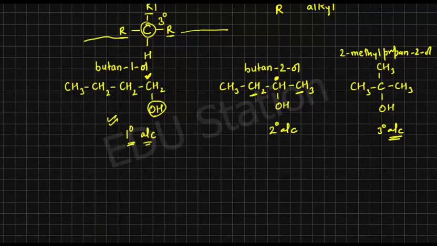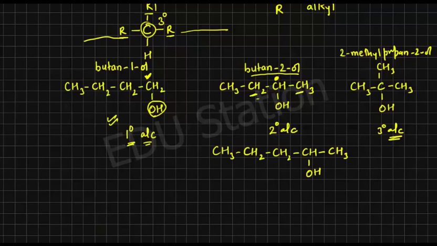Now, this is butane 2-ol. If you take pentane 2-ol, this is pentane 2-ol. Again, this is an example of a secondary alcohol.